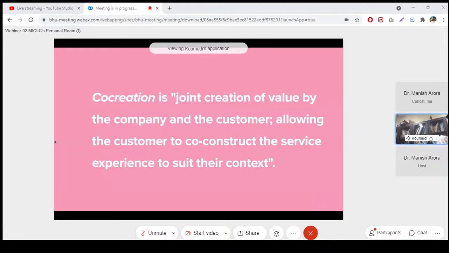In 2000, C.K. Prahalad and Venkat Ramaswamy popularized the concept of co-creation through their article Co-opting Customer Competence. In their book, The Future of Competition, published in 2004, they defined co-creation as the joint creation of value by the company and the customer, allowing the customer to co-construct the service experience to suit their context.